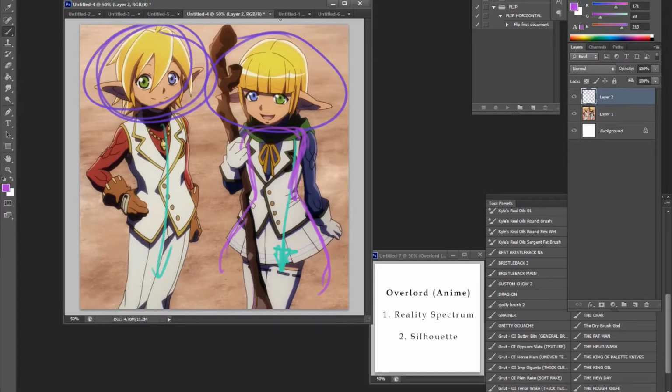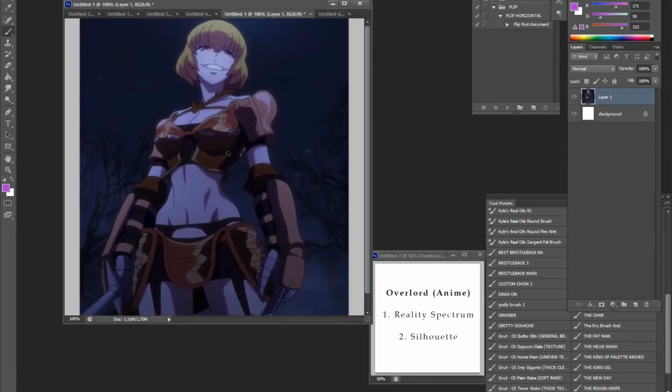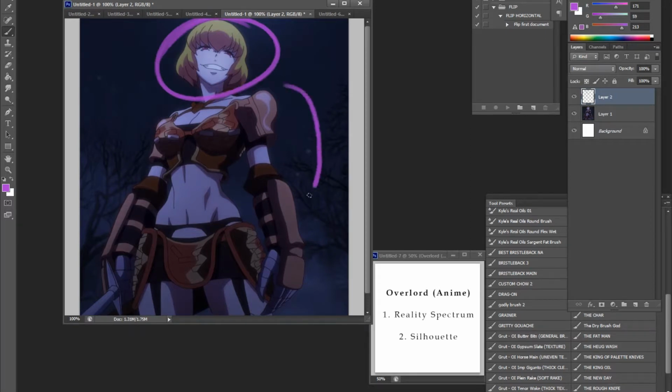So let's start hitting the really bad cases, and you'll start seeing there is a big problem when it comes to females. This design, when I was watching this anime, I was a little bit distracted. If we were to go by the reality spectrum, you could probably imagine there is a big problem with this head with the rest of the body.